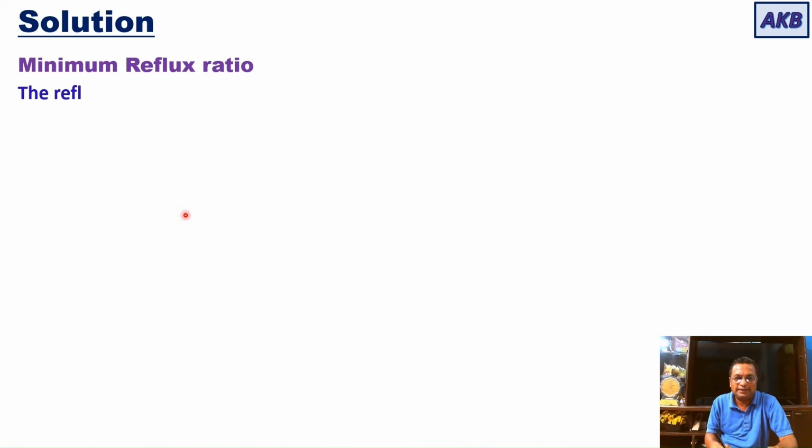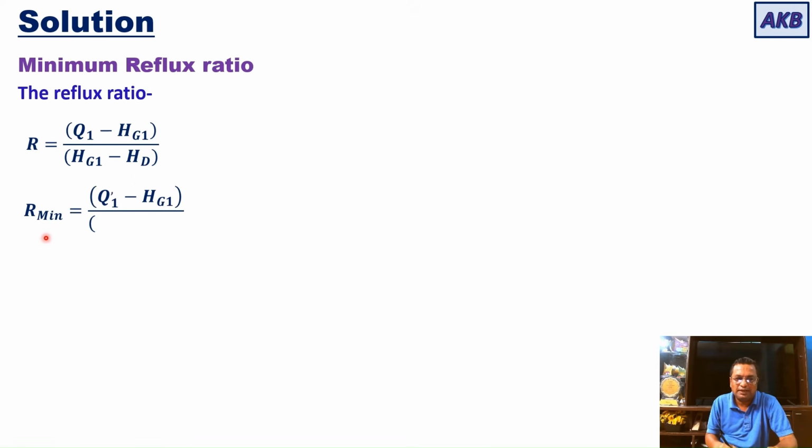So let us get that. The reflux ratio, we know, is given by this formula: R is equal to Q1 minus Hg1 divided by Hg1 minus Hd. And if Q1 is replaced with Q1 dash, the value that we just read, that will give us the minimum reflux ratio. Q1 dash is 23,000 kilocalories per kilomole.